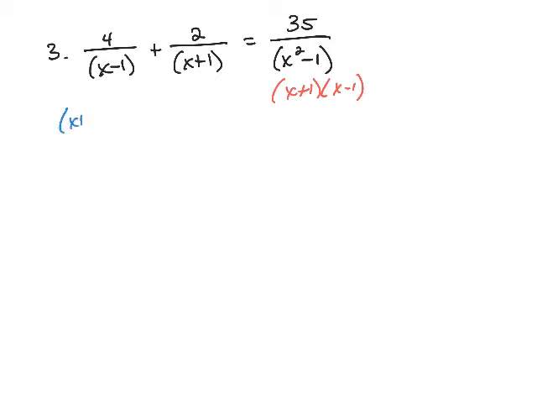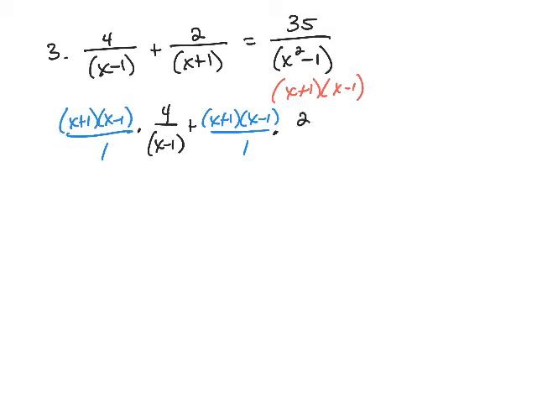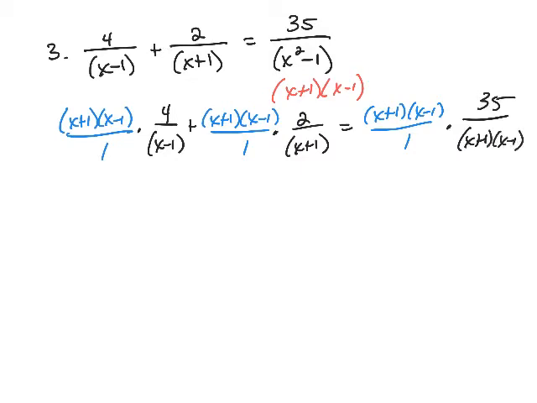So I have x plus 1, x minus 1 over 1 times 4 over x minus 1, plus the same thing, x plus 1, x minus 1 over 1 times 2 over x plus 1, and that's equal to x plus 1, x minus 1 over 1 times 35 over x plus 1, x minus 1.